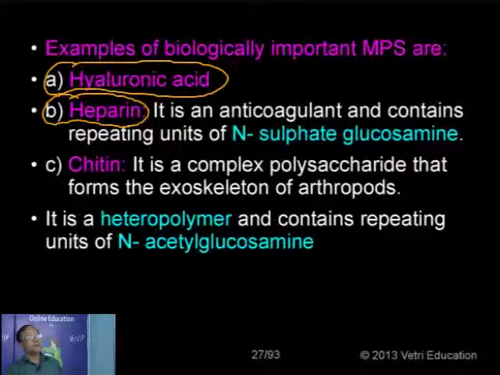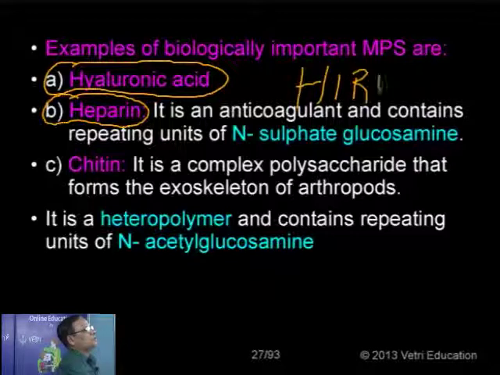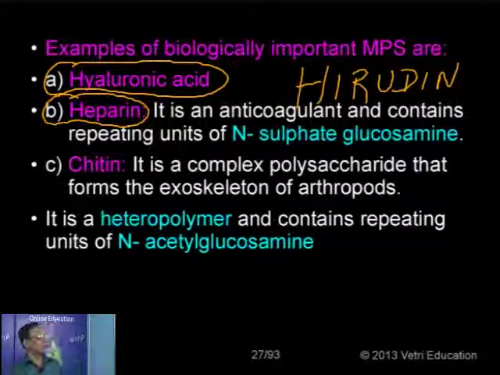In the case of leech, we have another anticoagulant. You know that it is an ectoparasite sucking blood from cattle and other animals. For continuous blood flow, its saliva contains another anticoagulant called hirudin. This is a natural anticoagulant in the saliva of leech, just as heparin is a natural anticoagulant present in the blood of humans.